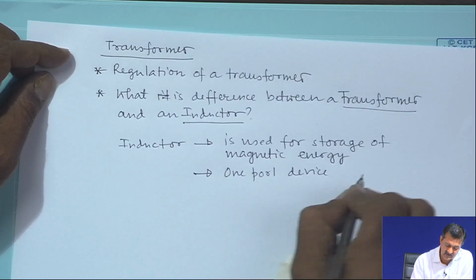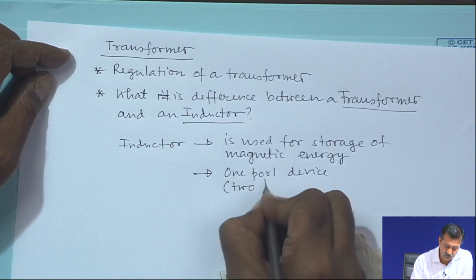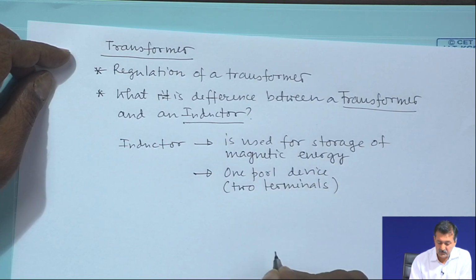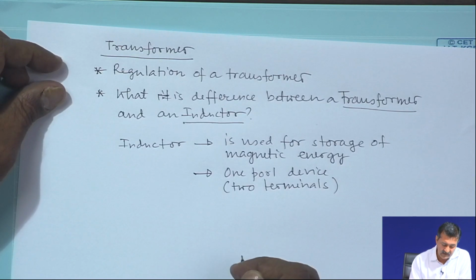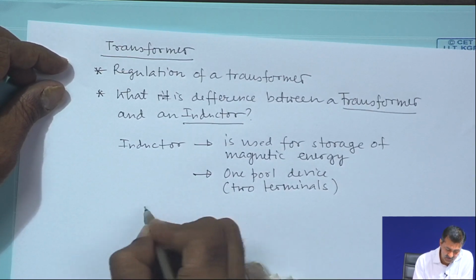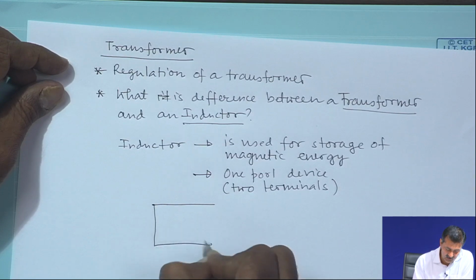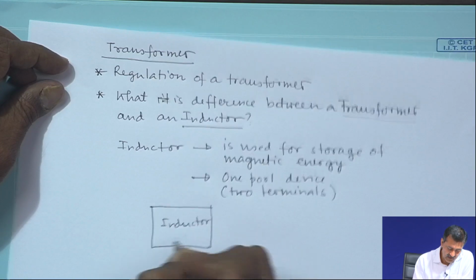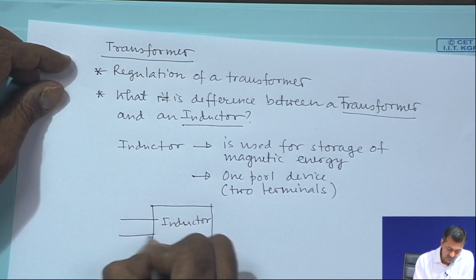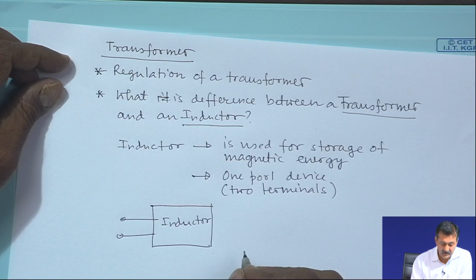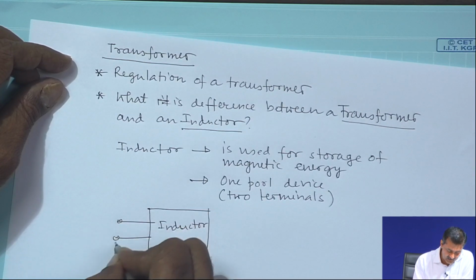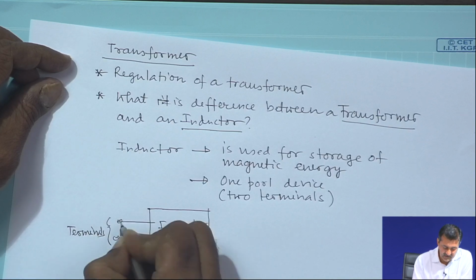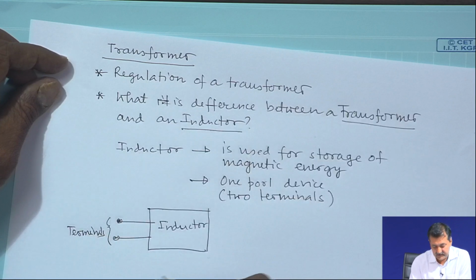That means it has essentially two terminals, and if I look at an inductor as a black box, there are only two terminals, and these are the terminals that are used to connect the inductor in an electrical network.